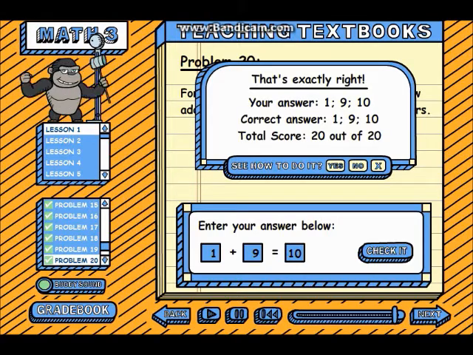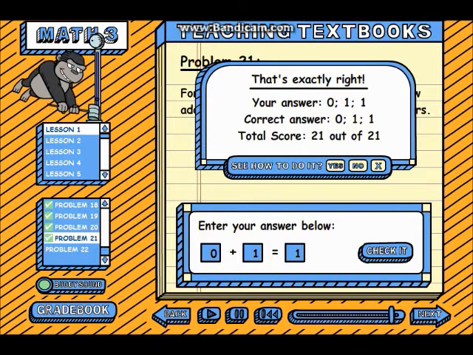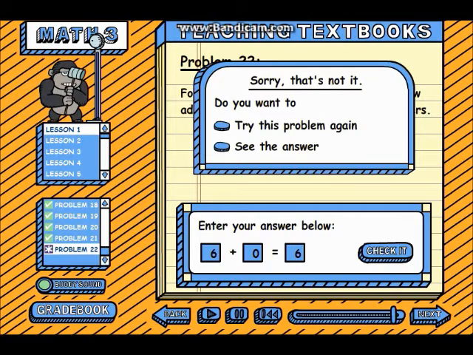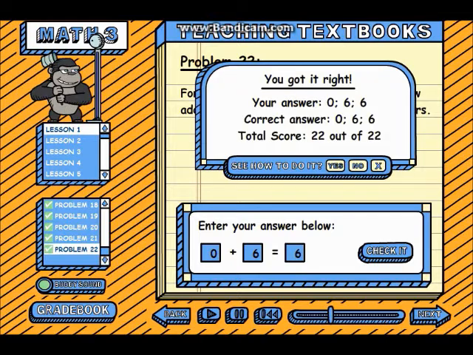Good job. Here you need to write a new addition problem that uses the same numbers as 1 plus 0 equals 1. Awesome. For this next problem, write a new addition problem that uses the same numbers as 6 plus 0 equals 6. Nice try, but that's not it.